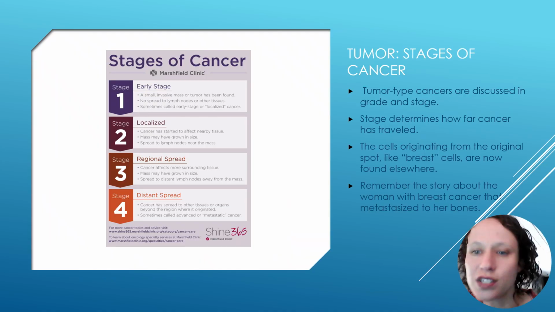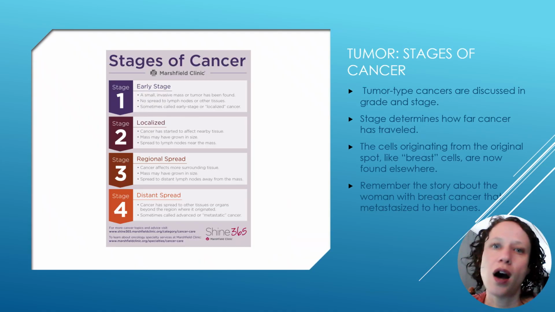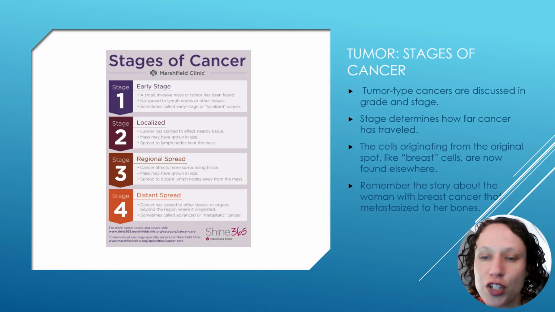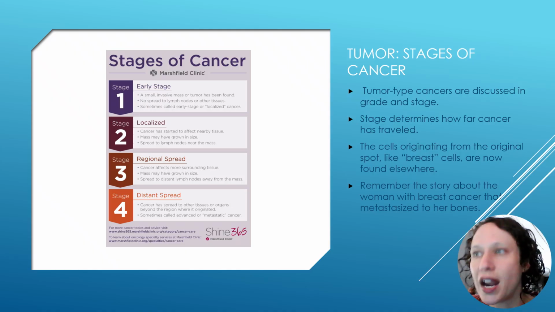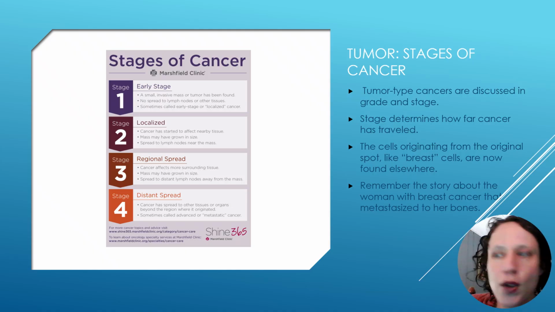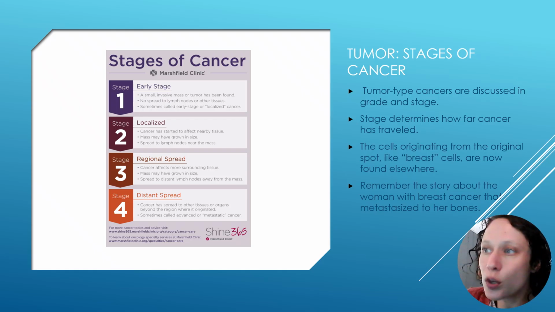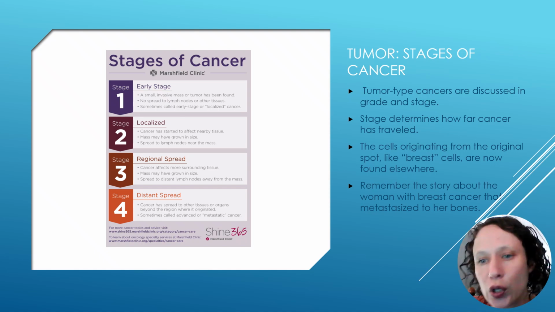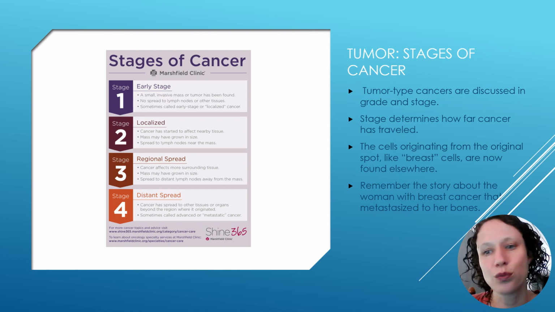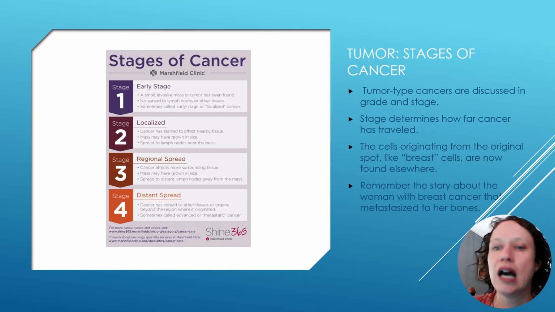So, the stages of tumor cancers. The stages have to do with where it's grown. You can see on this little chart, the early stage is an invasive tumor. It's been found, but it hasn't spread at all. It's very much localized, very early in its stages. It hasn't grown that big yet.